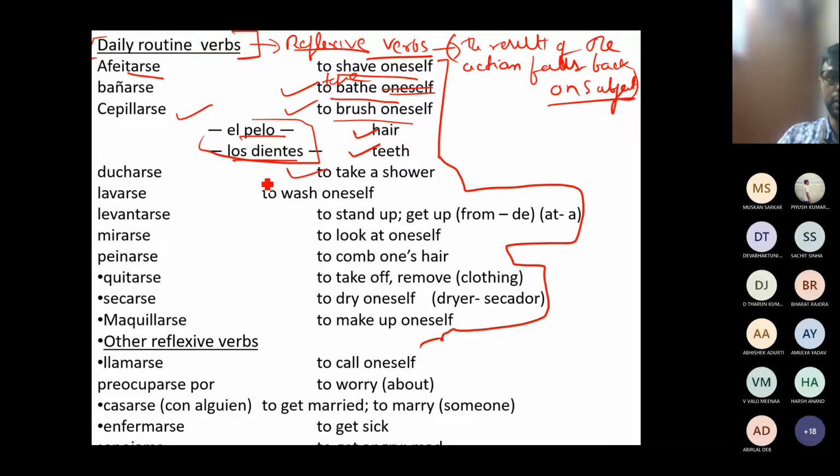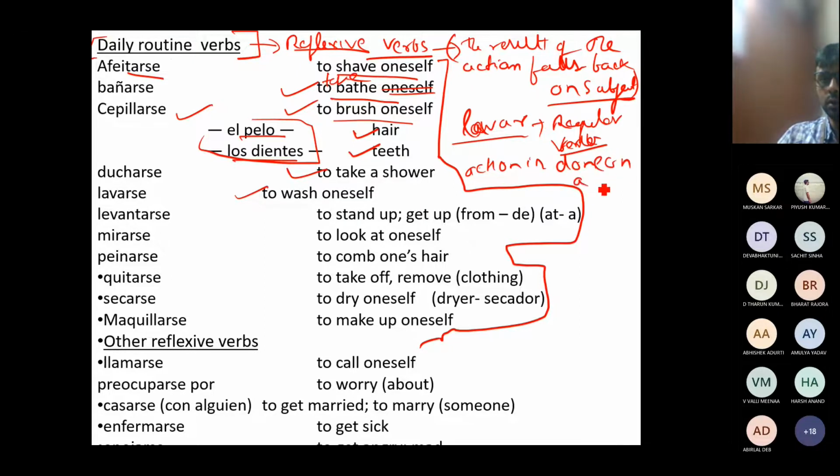Similarly, next one, lavarse, which is to wash oneself. There is a difference between lavarse and lavar. When you use lavar, it is a regular verb, which means the action is done on an object. Lavar is to clean or to wash. So if you are performing the action on some other object, you will use the regular verb lavar.